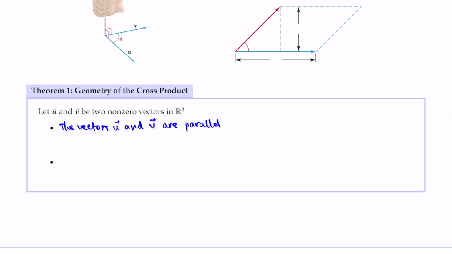So when you talk about two vectors parallel to one another, the two vectors can form an angle of 0 degrees or 180 degrees. Because we cannot really specify what kind of angle that's going to be, when the cross product is equal to the zero vector, we just say we cannot really identify the direction yet. But we just know that the two vectors are parallel to one another.